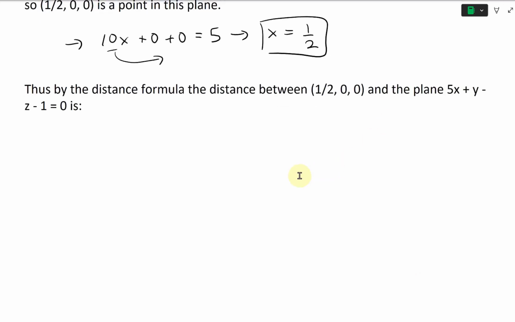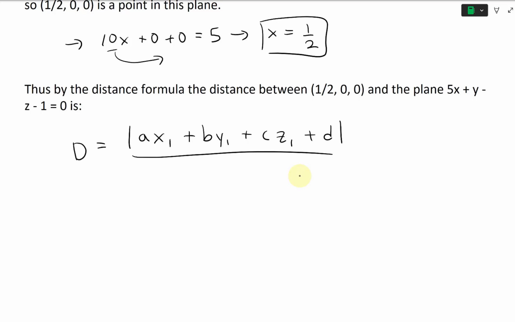Alright, so let's just plug this into the formula. We get d equals the absolute value of ax1 plus by1 plus cz1 plus d, over the square root of a squared plus b squared plus c squared.